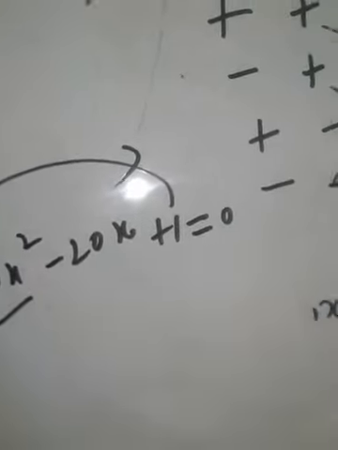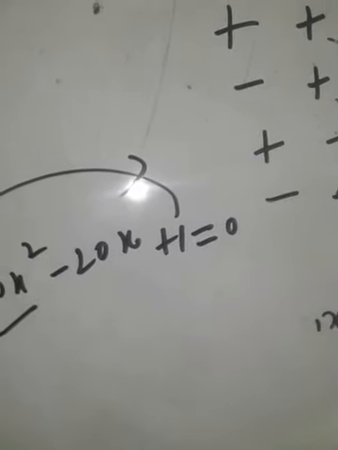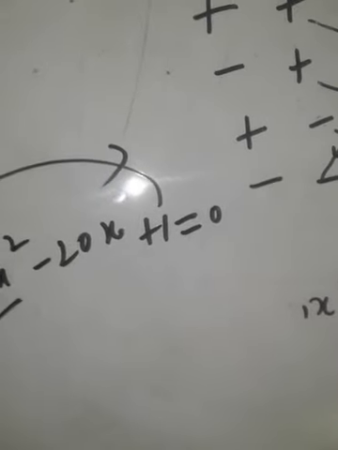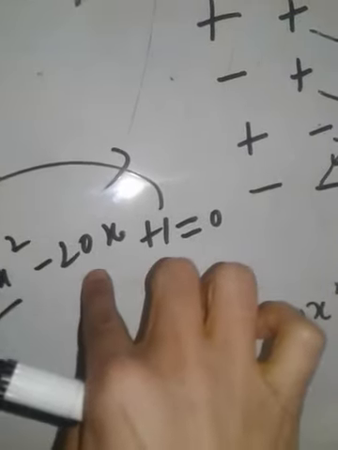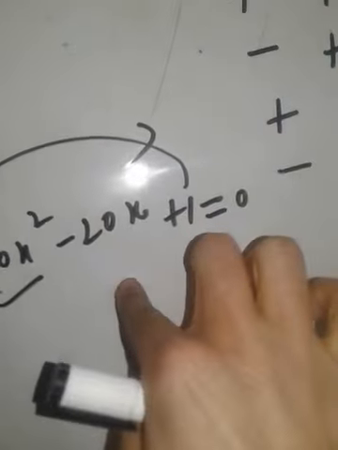Now in the conventional method you have to keep the signs in mind and properly adjust the numbers. Here you need not look at that. This is simply 20. Whether it is minus 20 or plus 20, leave it aside, just keep it 20.